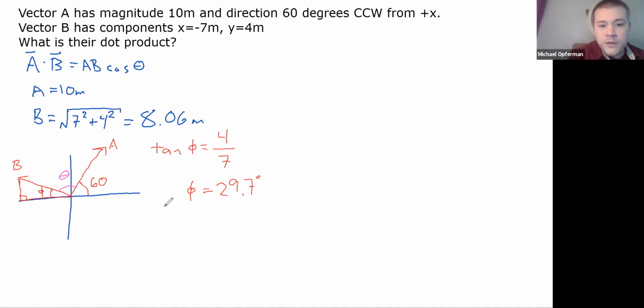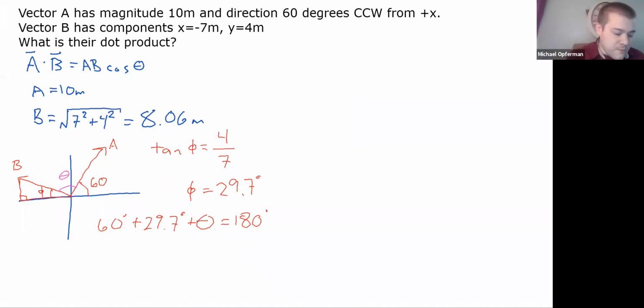And then if I look at the geometry of this, I should have 60 degrees plus 29.7 degrees plus theta equals 180, because those three have to add up to a straight line, because if you add them together, they go all the way from the plus x-axis to the minus x-axis.